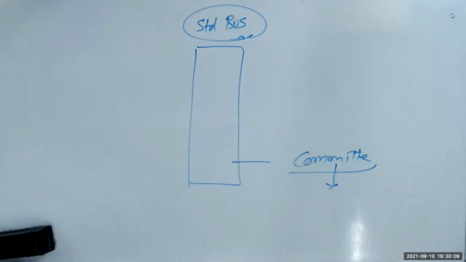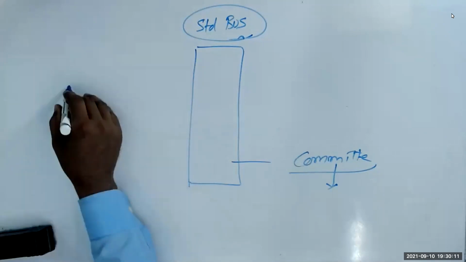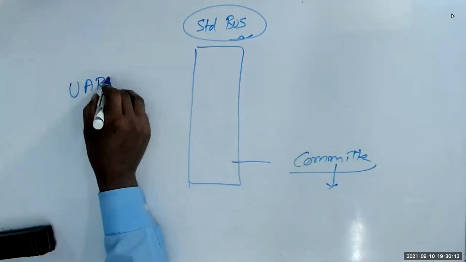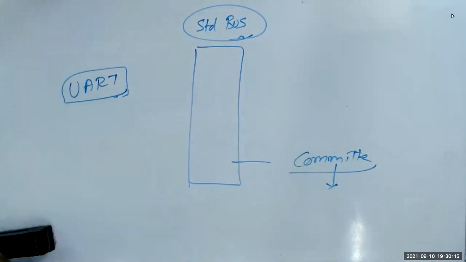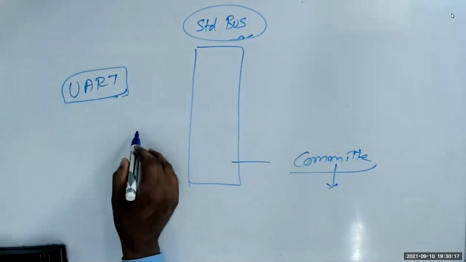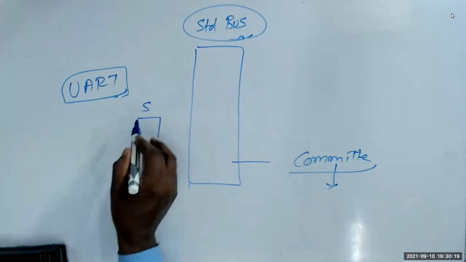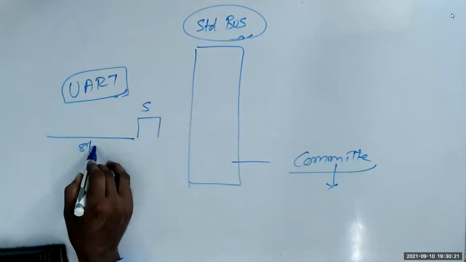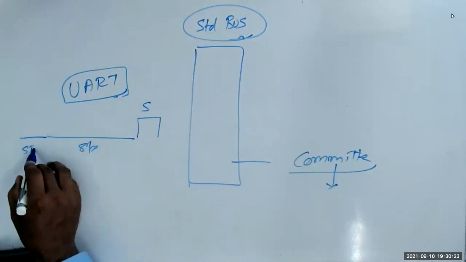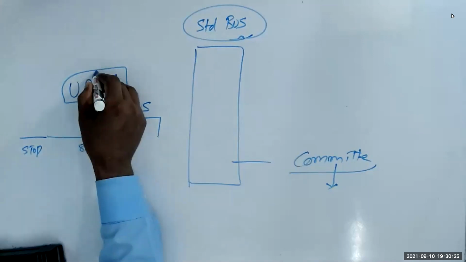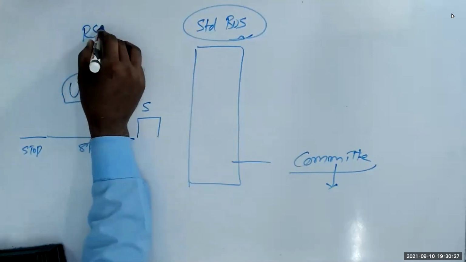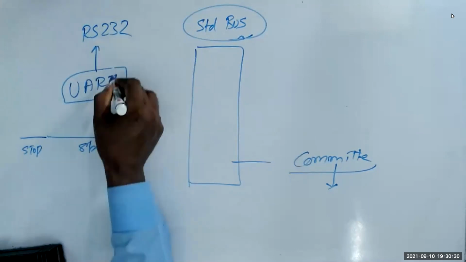That's the same thing that came with UART, which we discussed that day: 1 start bit, 8 bits, and a stop bit. But UART before the standard was called RS-232. UART is a very cut down notion of it.